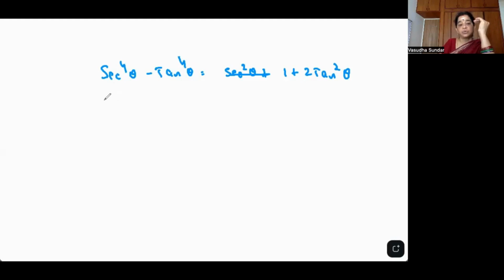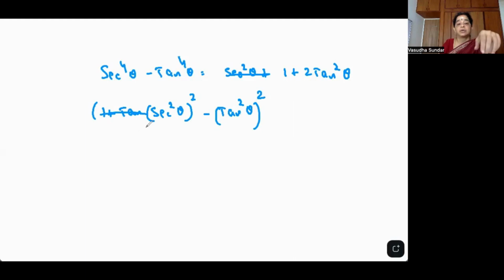One way is you write this as secant square theta the whole square minus tan square theta the whole square. Sorry, my writing is pretty bad, I think. Okay, now you have this. The next step, now you have a secant square theta where you can apply 1 plus tan square theta the whole square.